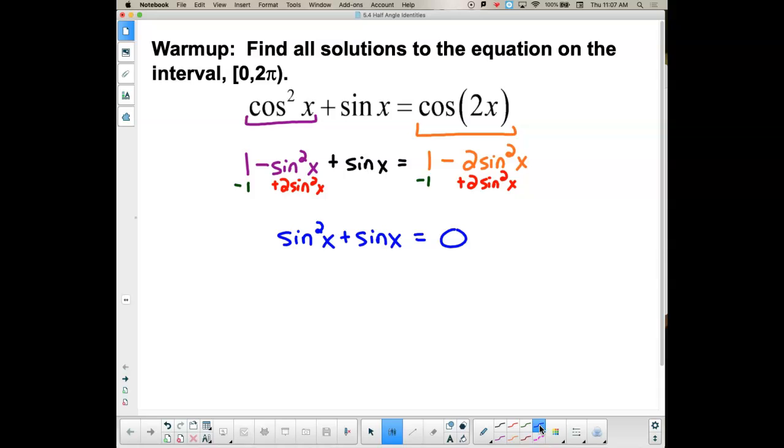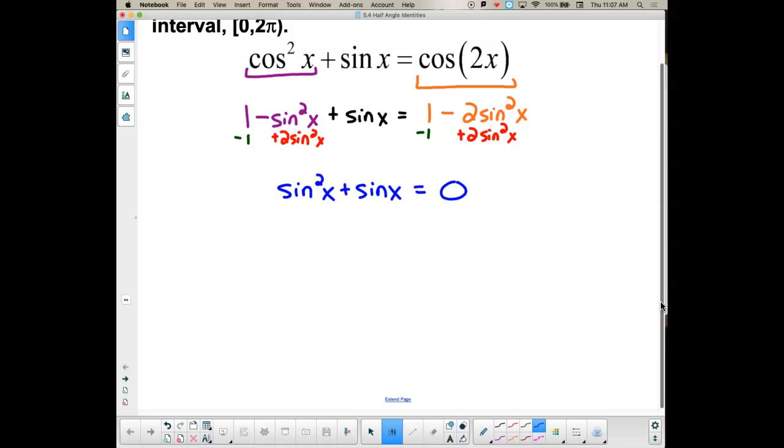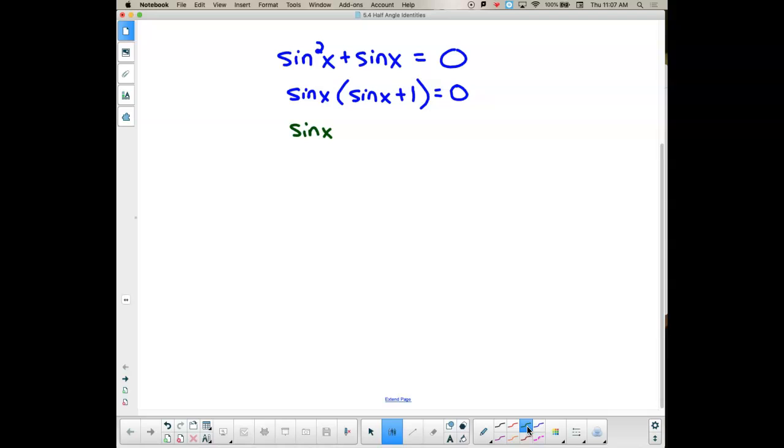Now I can factor out a sine. Now I can set my 2 factors equal to 0.